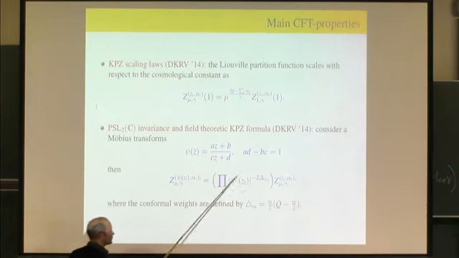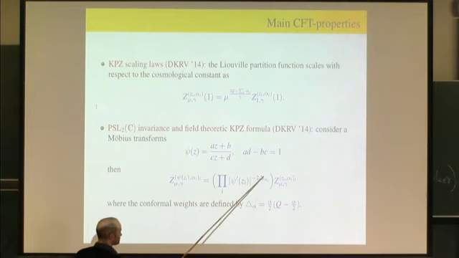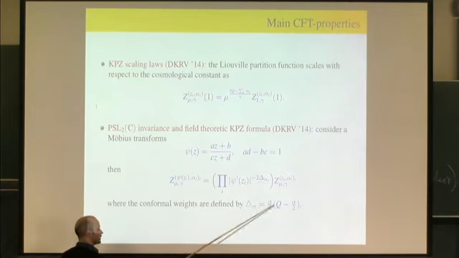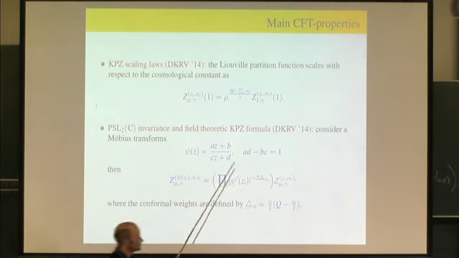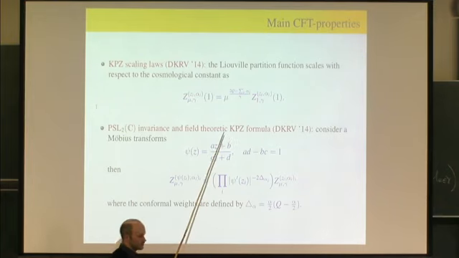And you have an expression which is very similar to the Ising model, except that here you have some conformal weights. As far as I remember yesterday, it was 1 over 8. Here you have conformal weights which have this explicit expression. And this formula here is called the KPZ formula, by KPZ like Knizhnik, Polyakov, and Zamolodchikov.